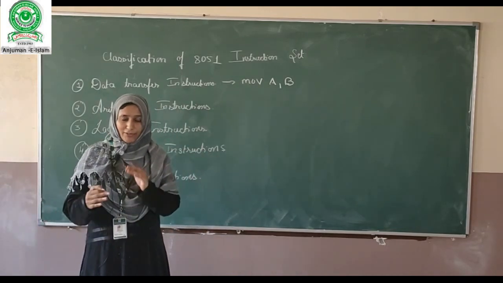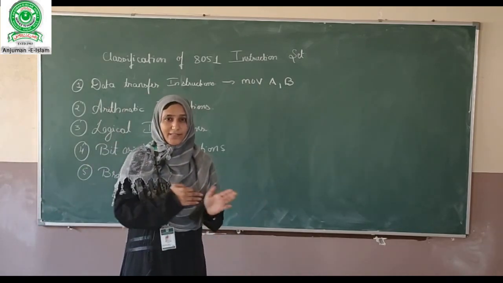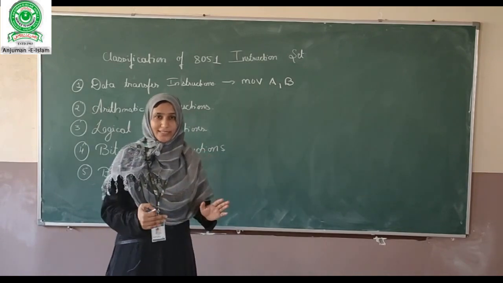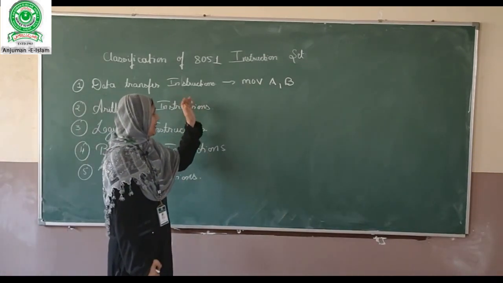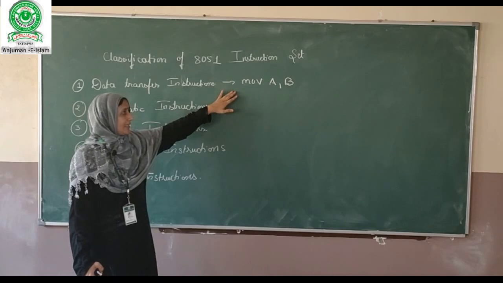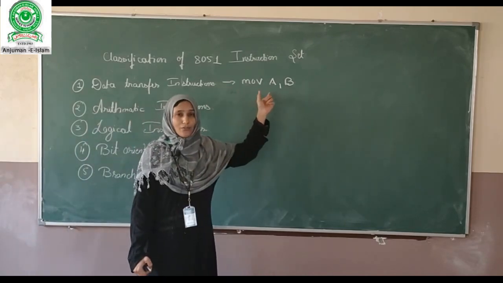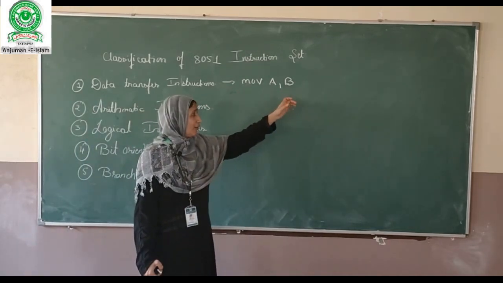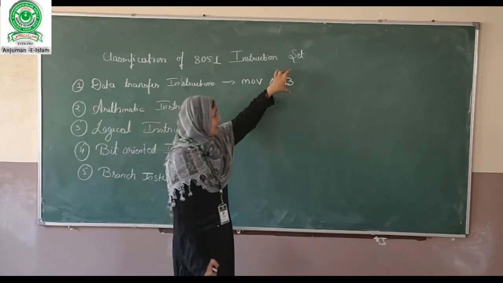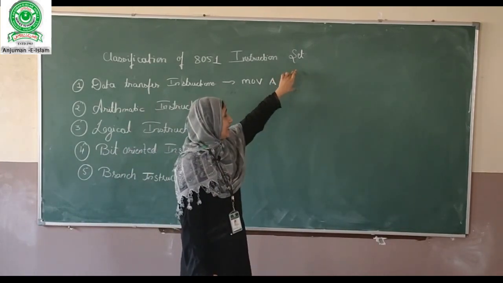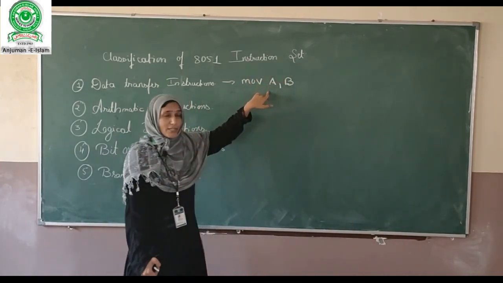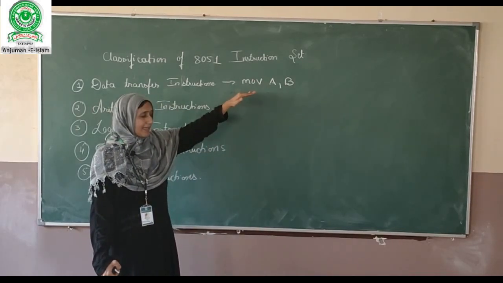Even if you don't know, just have a revision of that and come back, it will be easy for you to understand. Here, for the data transfer instruction, I have taken an example. MOV A, B. Whatever data is there in the register B is going to be transferred to the accumulator, or the register A.